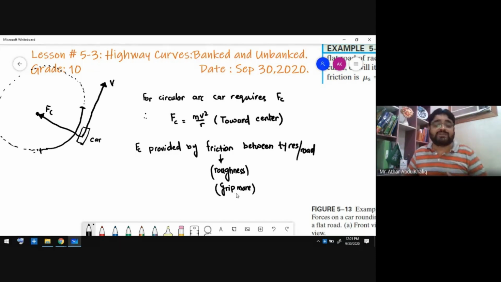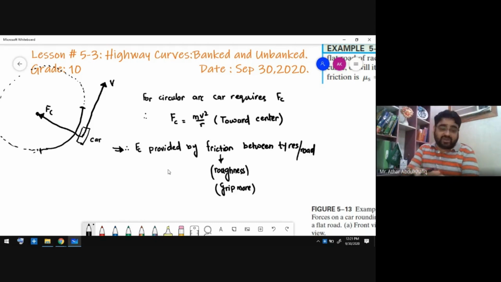So generally speaking, we use this sentence: the centripetal force is provided by the friction between tires and road because of the roughness of the road and tire.